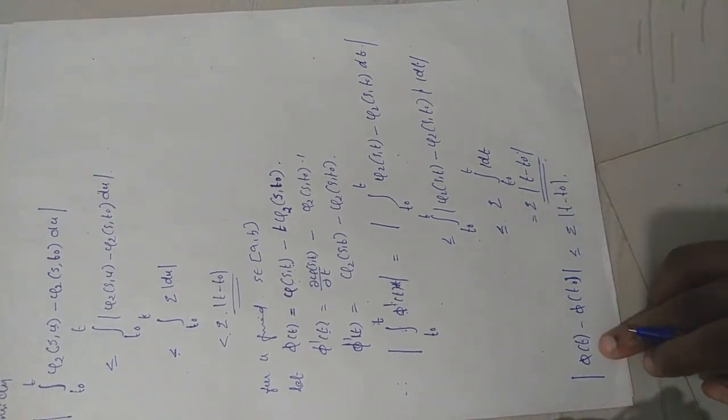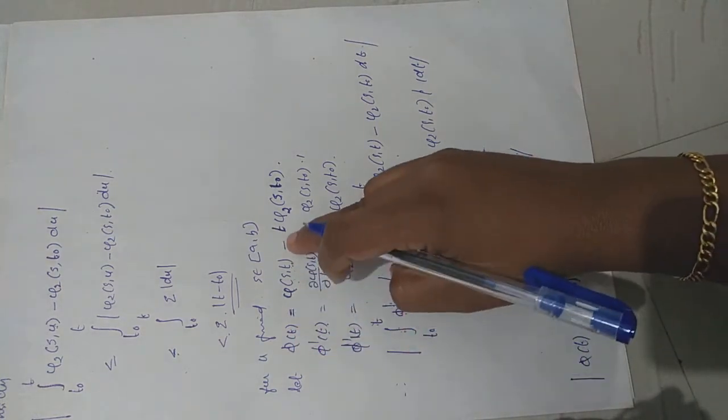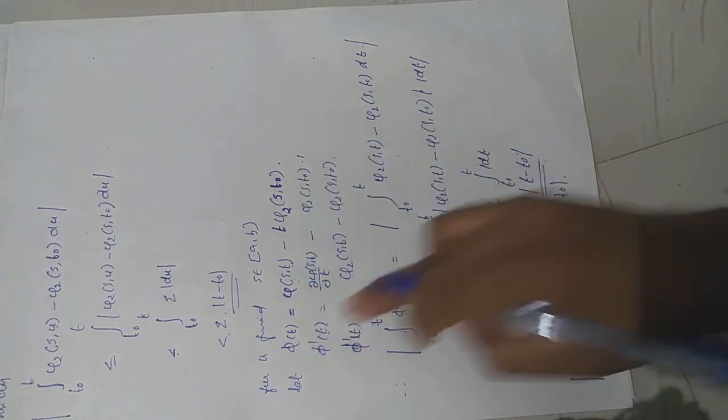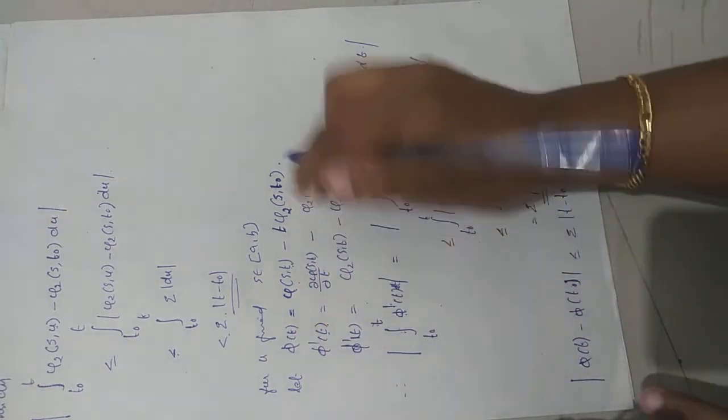Then we replace phi of t and phi of t naught using the definition star, phi of t equal to psi of s comma t minus t times psi 2 of s comma t naught.